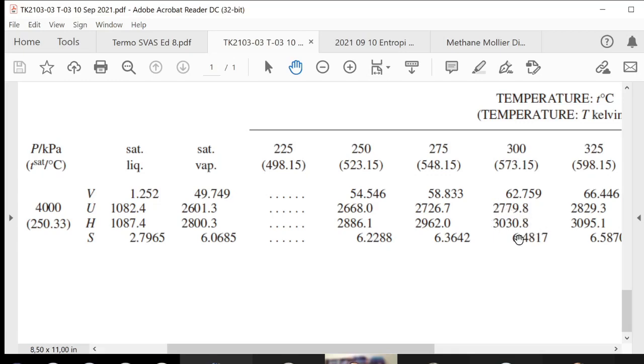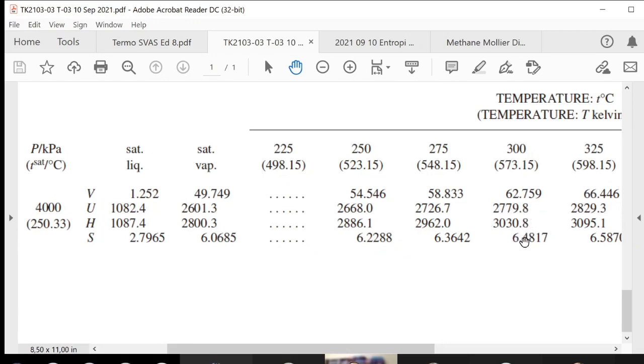Is it inside the dome or is it on the right hand side of the dome? Please respond. Right hand side, sir. It is on the right hand side and outside of the dome.